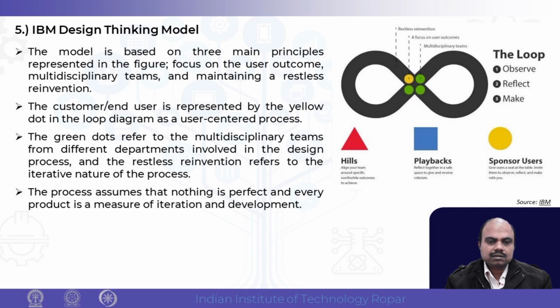The green dot refers to the multidisciplinary teams from different departments involved in the design process, and restless reinvention refers to the iterative nature of the process. The process assumes that nothing is perfect and every product is a measure of iteration and development.